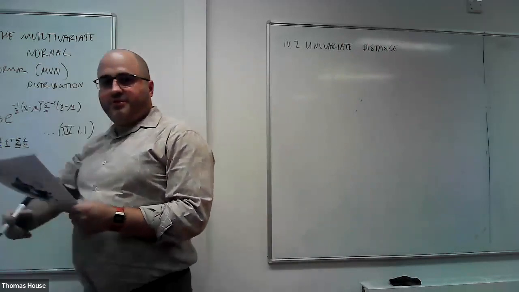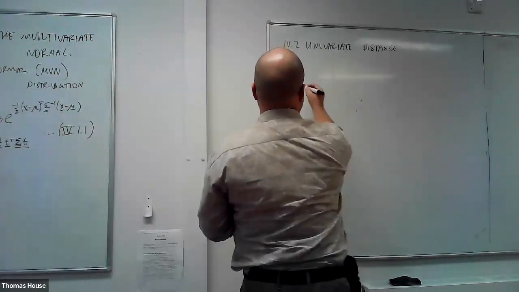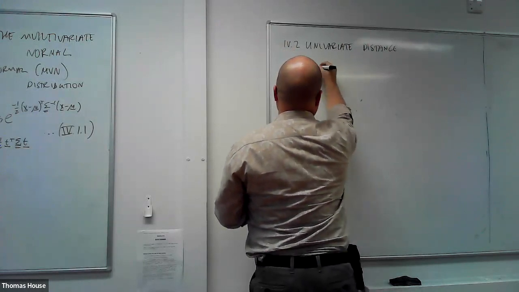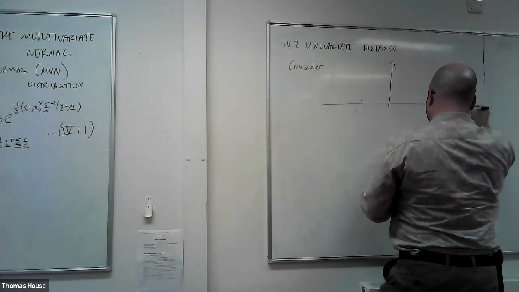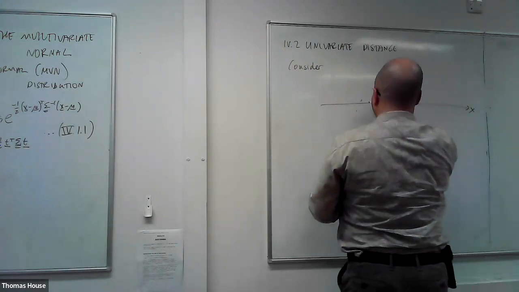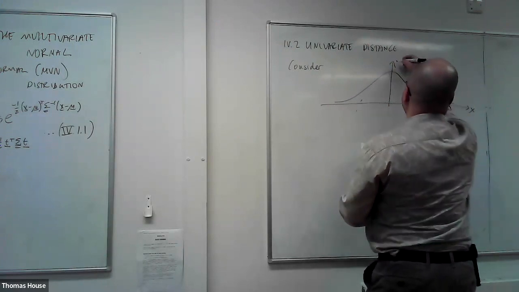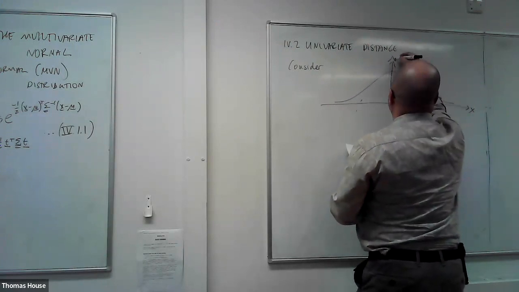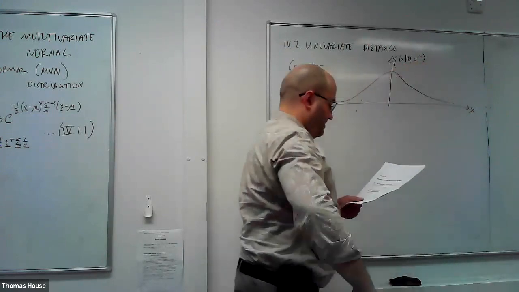Okay, so what does univariate distance mean? So let's consider something like this, where we've got x and we've got on the y-axis a normal of x given 0, sigma squared, right?